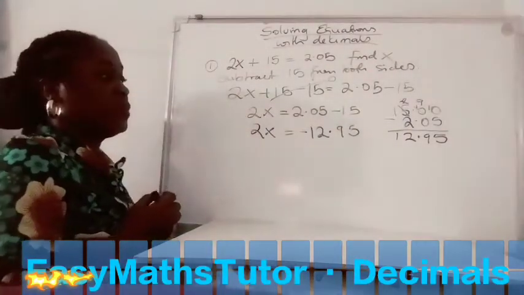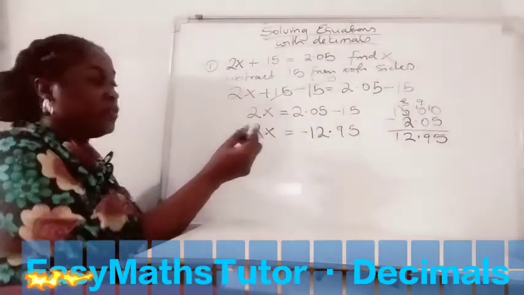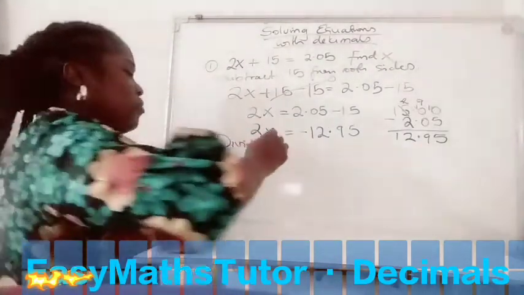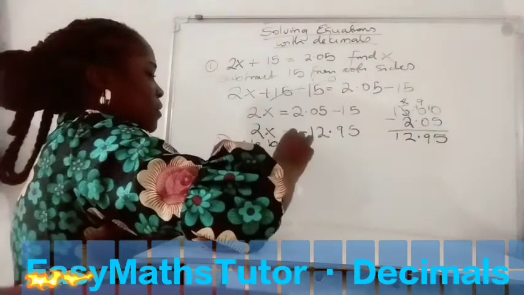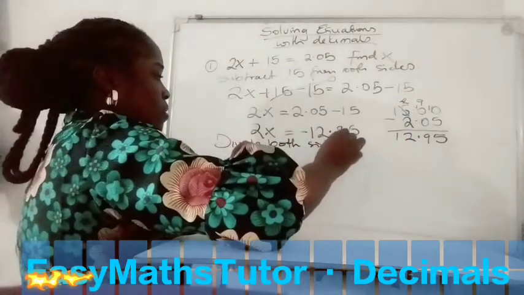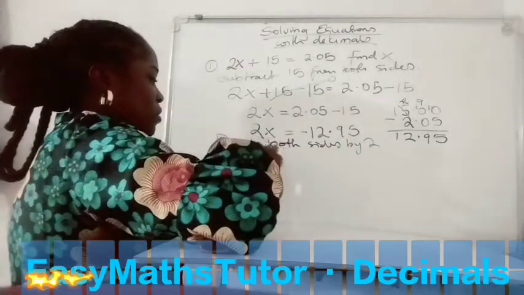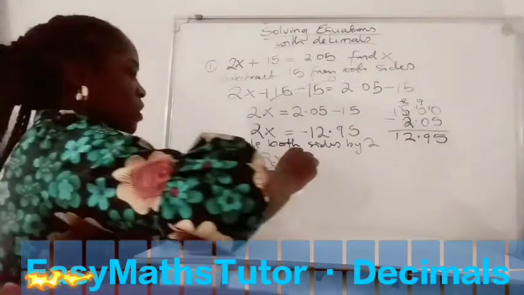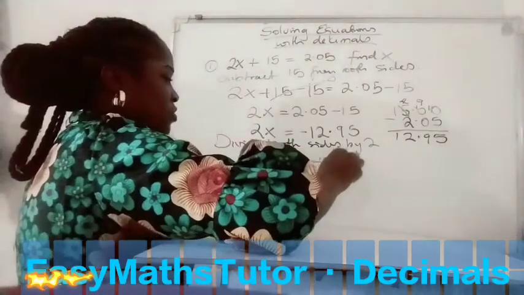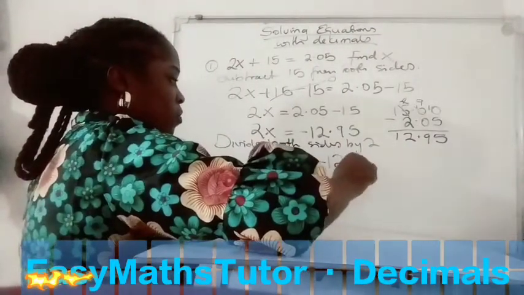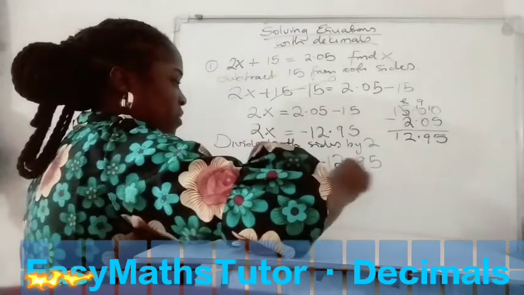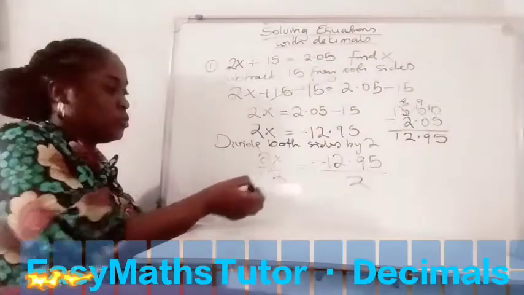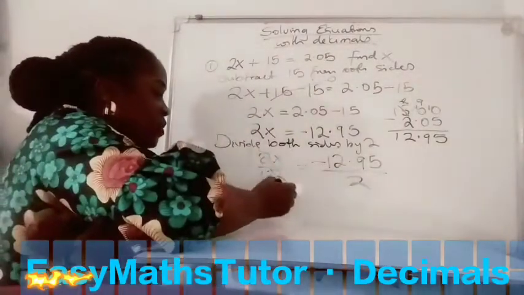So the next step for us to get x is to divide both sides by 2. So we have 2x over 2 equal to minus 12.95 all over 2.